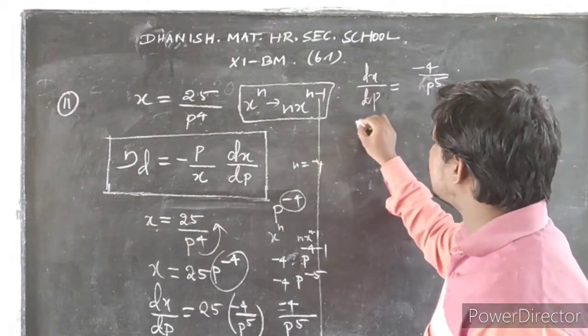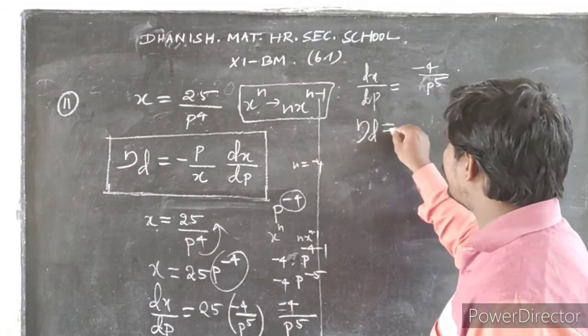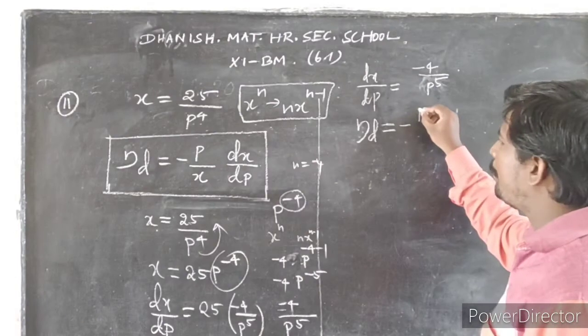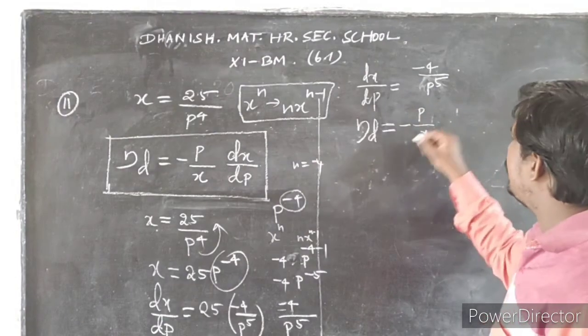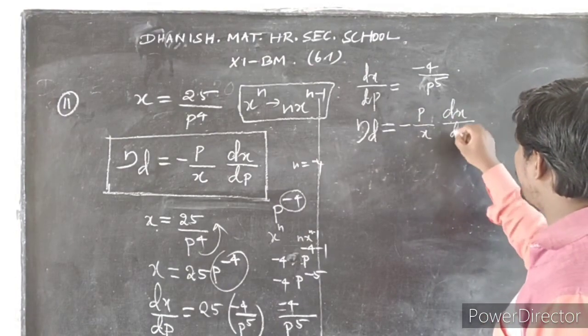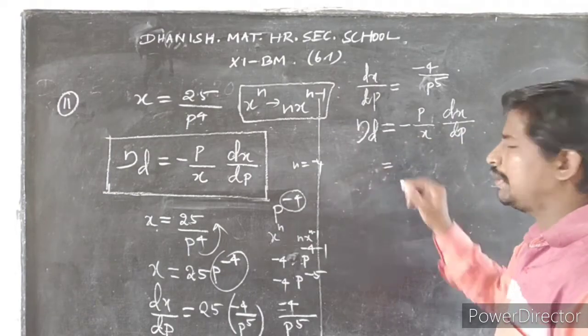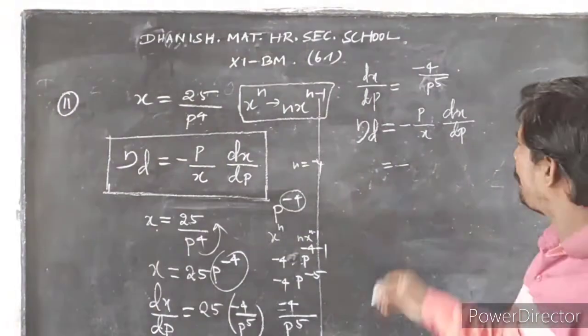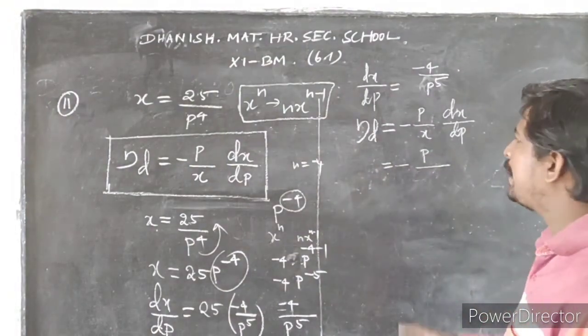Now I am going to find the elasticity of demand equal to minus p by x into dx by dp. Now this is equal to minus p divided by x.